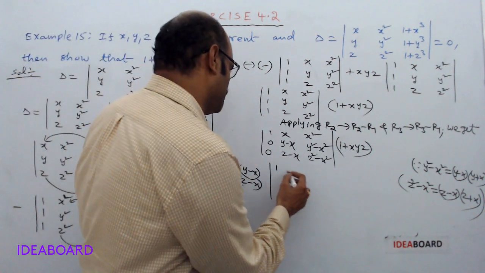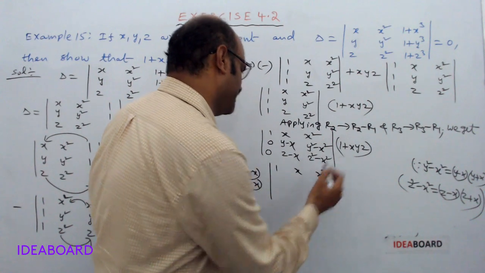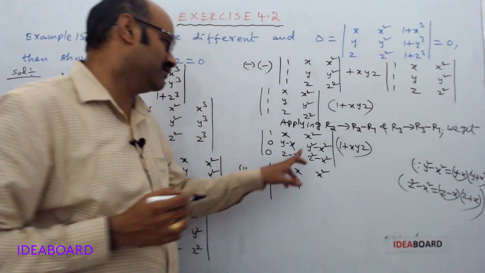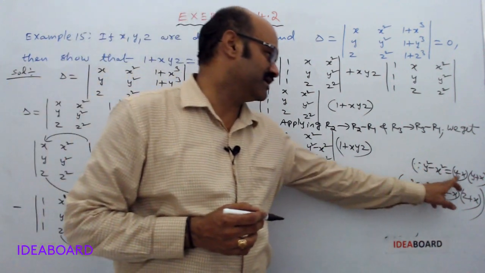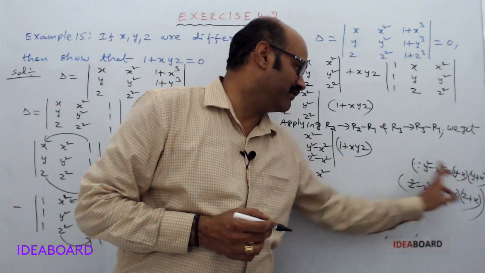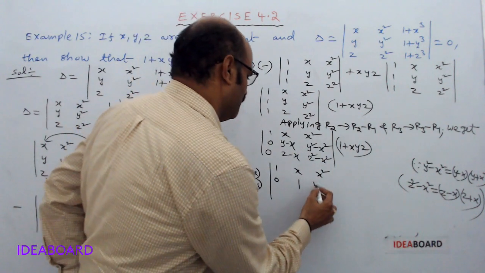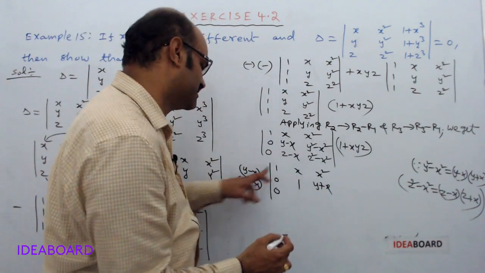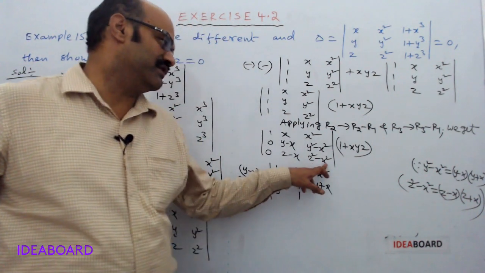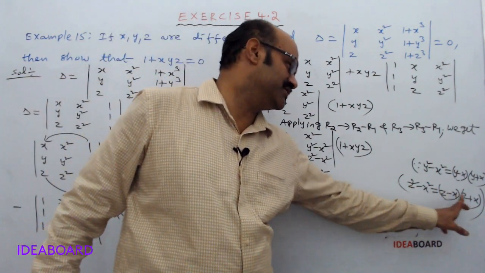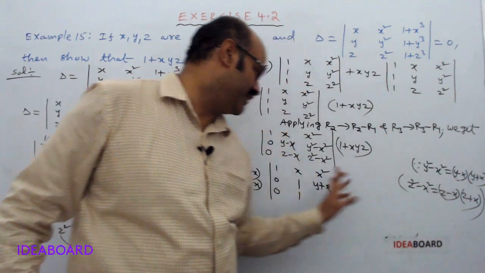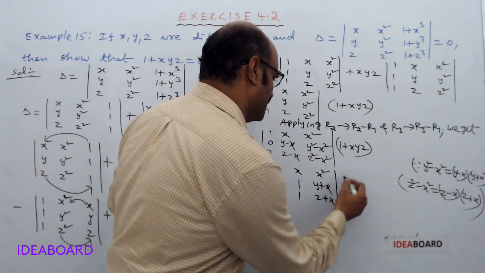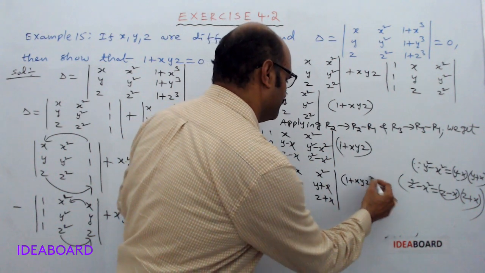Now here 1, x square, 0, y minus x, if you take it outside, 1, y square minus x square means y minus x into y plus x. When you take y minus x outside, you are having y plus x. Next 0, z minus x outside, 1, z square minus x square means z minus x into z plus x. When you take z minus x out, we have z plus x into we are having 1 plus xyz.